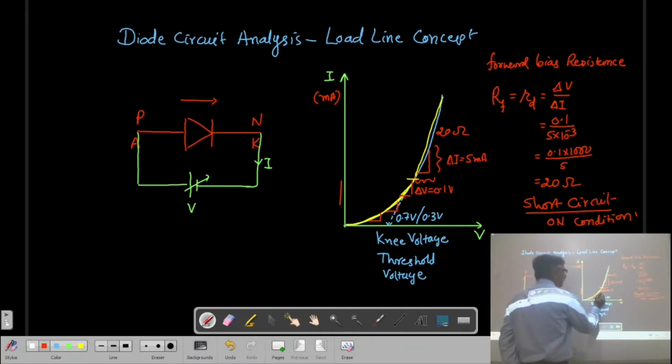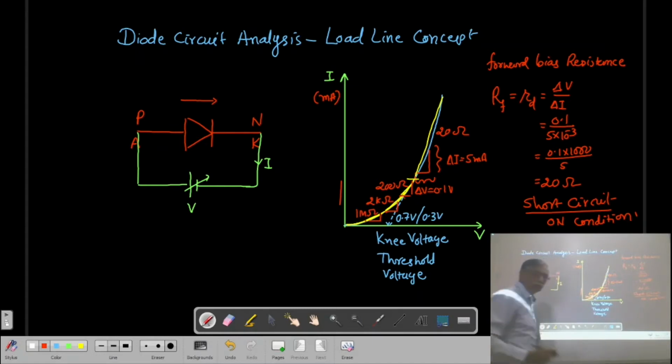But if I calculate at this point, the resistance will be 200 ohm. Here if you calculate, the resistance will be 2 kilo ohm, and here it is 1 mega ohm. So when this diode is in the cutoff region, the resistance is very large, and when it goes to the linear region, the resistance decreases. What I mean to say is that the resistance of the diode is not constant. It depends on how much current is flowing.